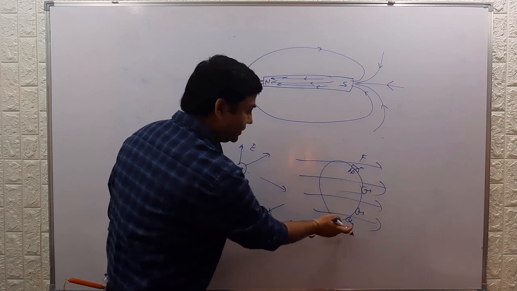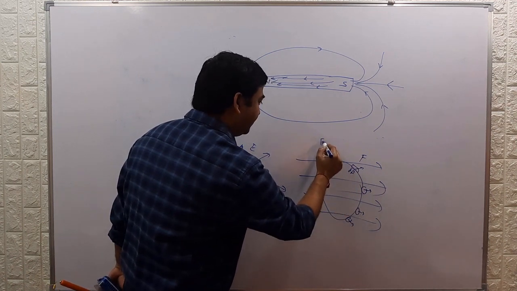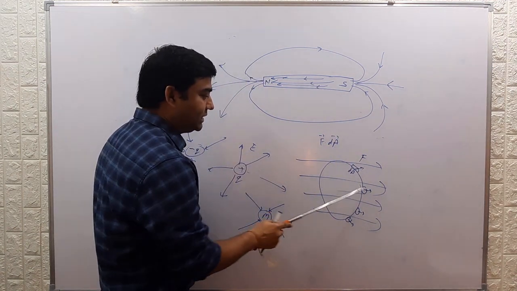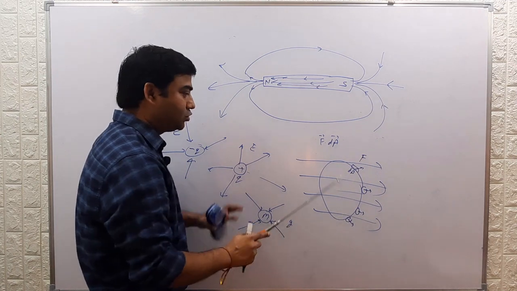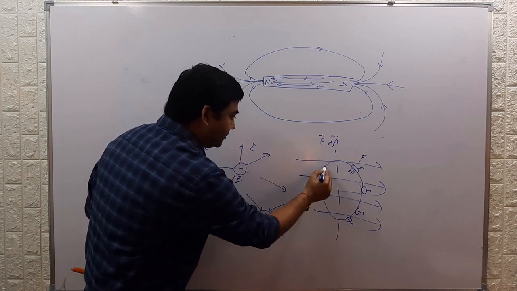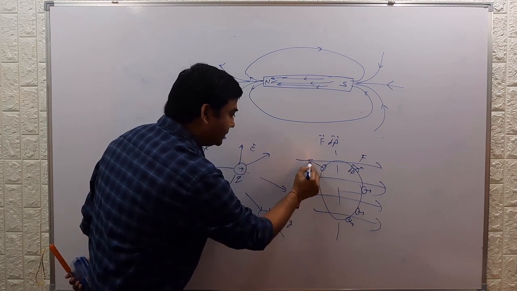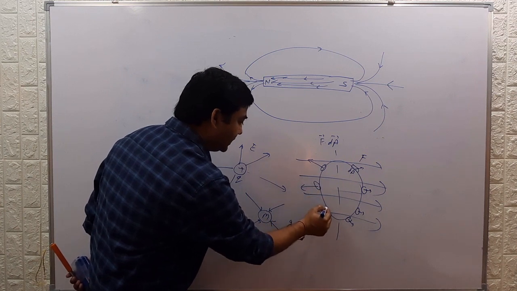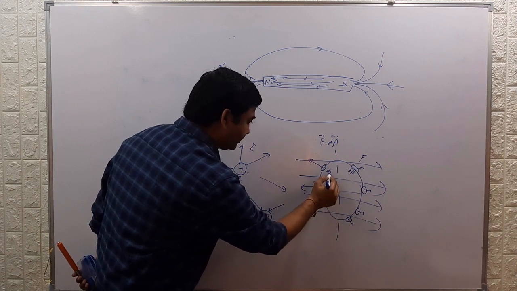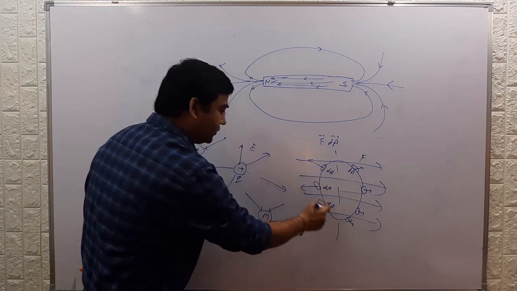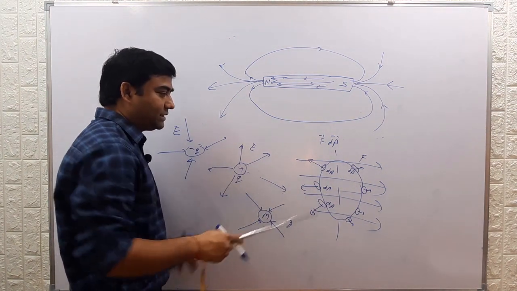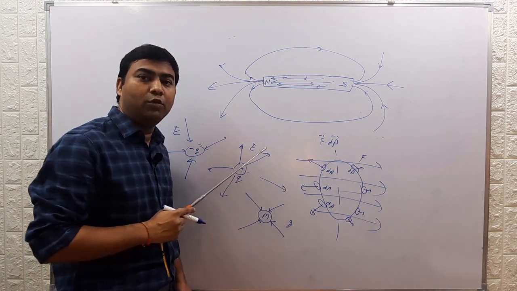For this half, you will get flux by F dot dA. Here you see dA and F are both in the same direction, so the dot product will be positive. Similarly, for this other half, when you divide this half of the Gaussian surface into small area vectors, the direction of the area vector, as we have discussed, will be outward from the volume.